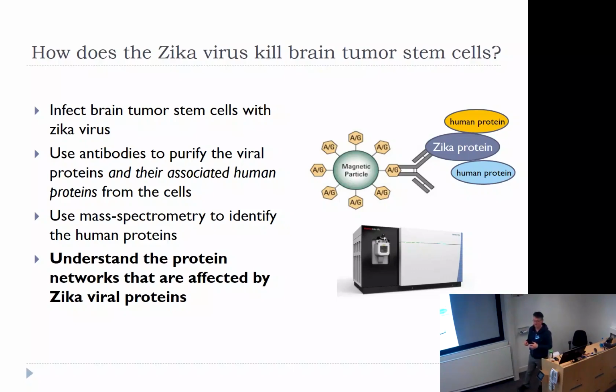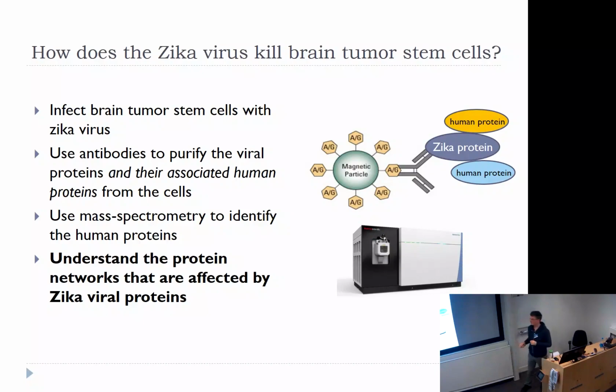So what we do is we take those brain tumor stem cells in a dish, we infect them with the Zika virus, and then we use antibodies, just as I explained earlier, to target the Zika proteins. And then we pull out the Zika protein from the cell, and we look and see which human proteins are attached to it.